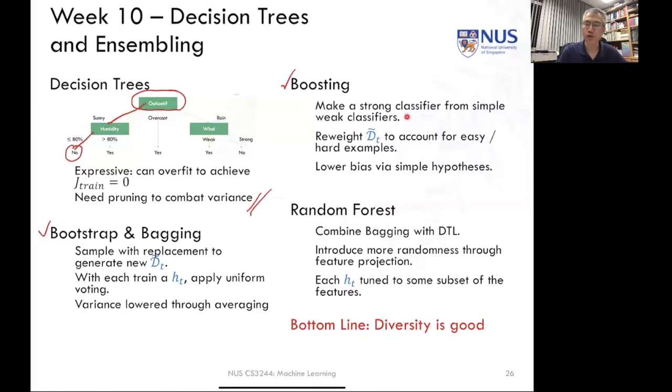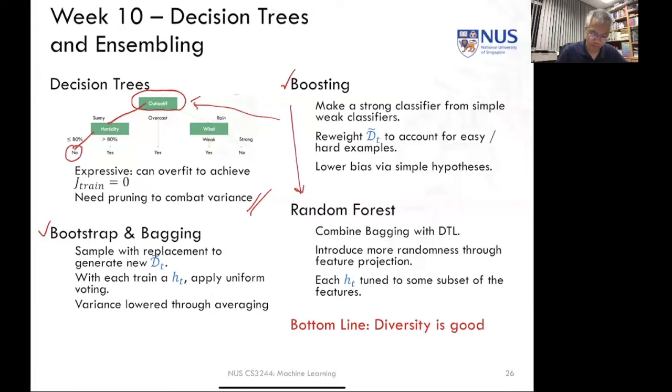We want to make a strong classifier out of very many simple weak classifiers by reweighting the data set coming from a previous instance to account for harder examples to give more prominence, and lowering the weight of easy examples that could be easily figured out by the original model. We also are able to then lower the bias error because we're using simple hypotheses such as decision stumps as we had used in decision trees in order to make the ensemble.